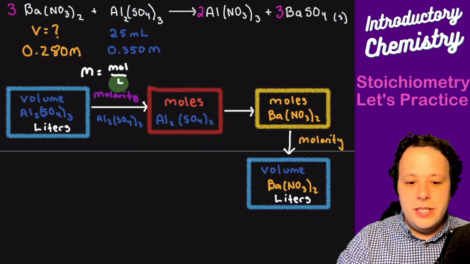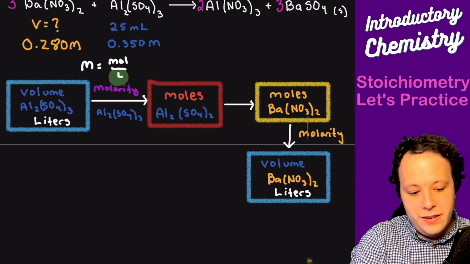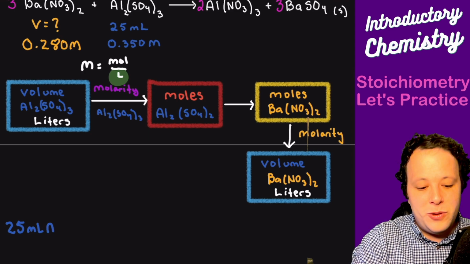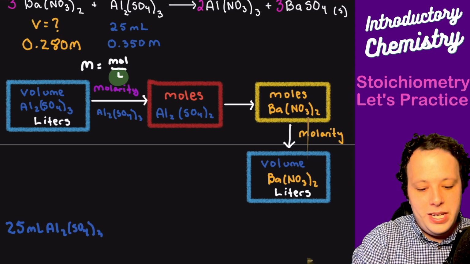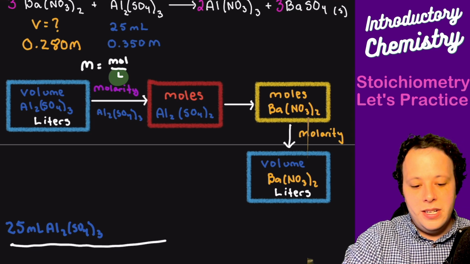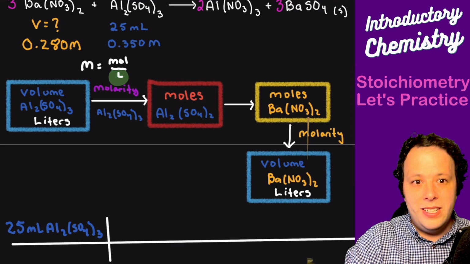Let's do it. The first thing is that we were given 25 milliliters of our aluminum sulfate, Al2(SO4)3, and we need to convert that to liters, which is always the very first step, because it needs to be in the correct units.